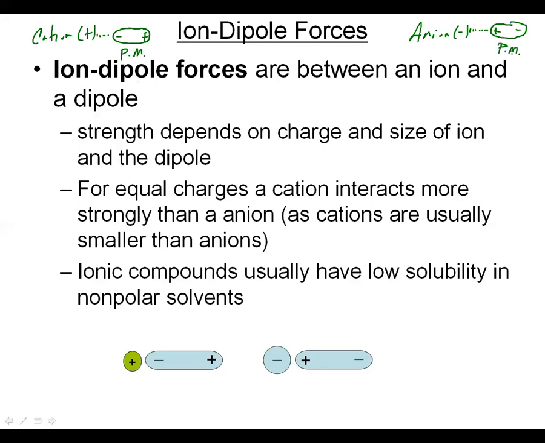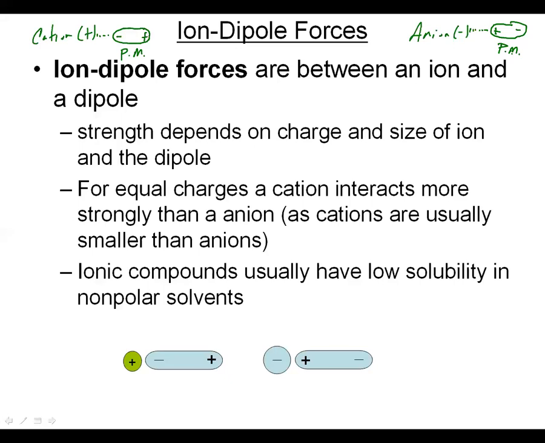The strength of the force is based on the charge and size of the ion and the dipole. If something has a dipole, it has a dipole moment, which could be a small separation of charge or a very large one. Depending on the size of the dipole, and also the size and charge of the ion, you get a stronger attraction.